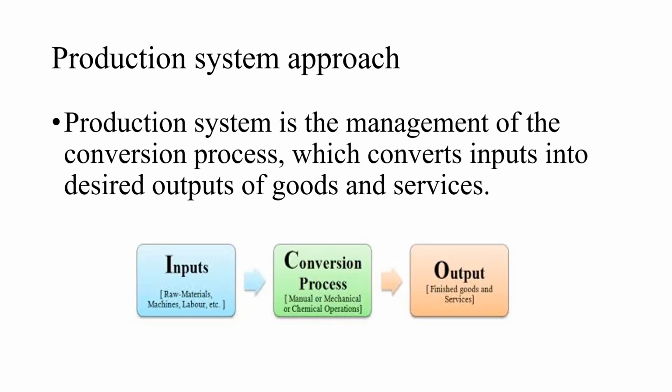And also we can say some examples for the transformation or the conversion process: cutting, drilling, transporting, teaching, farming, mixing, packing, analyzing, developing, researching, repairing, selling, innovating. All these things can be the transformation process.